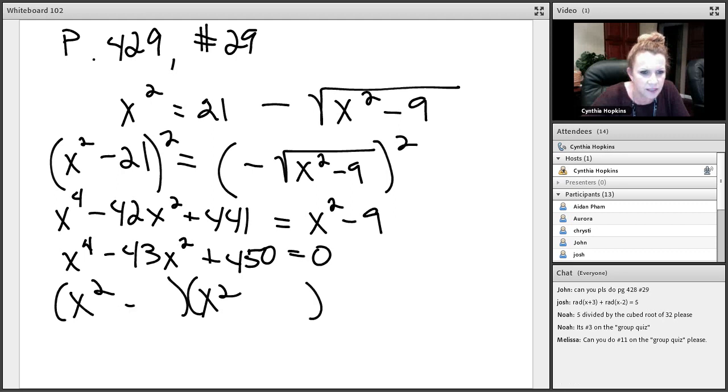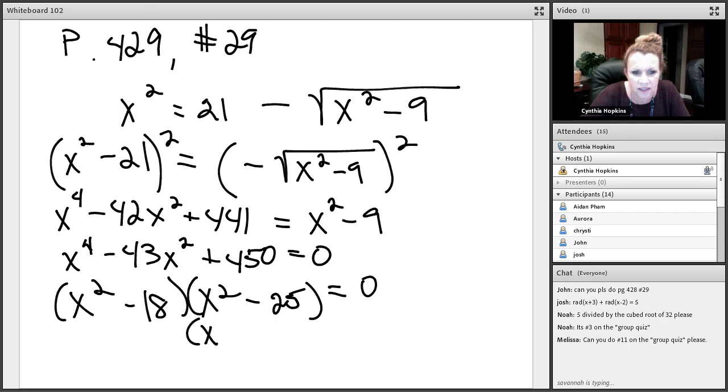Both of my signs need to be negative, and I'm going to have an 18 and a 25. If you double check that, you will get negative 43x squared for the middle term, and then plus 450 equals 0. This second factor, x squared minus 25, is a difference of two perfect squares, so it factors into x plus 5 and x minus 5. I'll leave my x squared minus 18 exactly like it is.